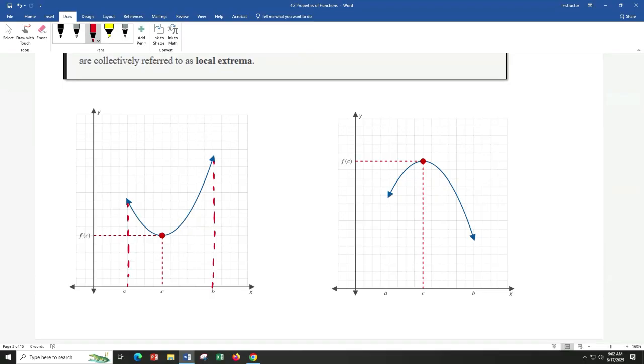Okay? Somewhere inside that interval. Okay? And what that is saying is at that point right there, that f of c, this right here would be called a local, what do you think? Minimum or maximum? Minimum.